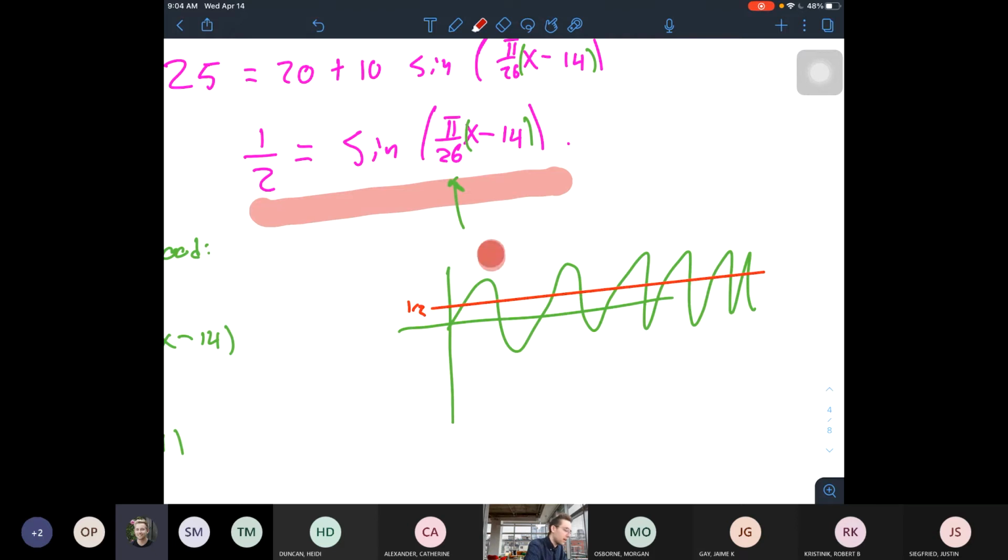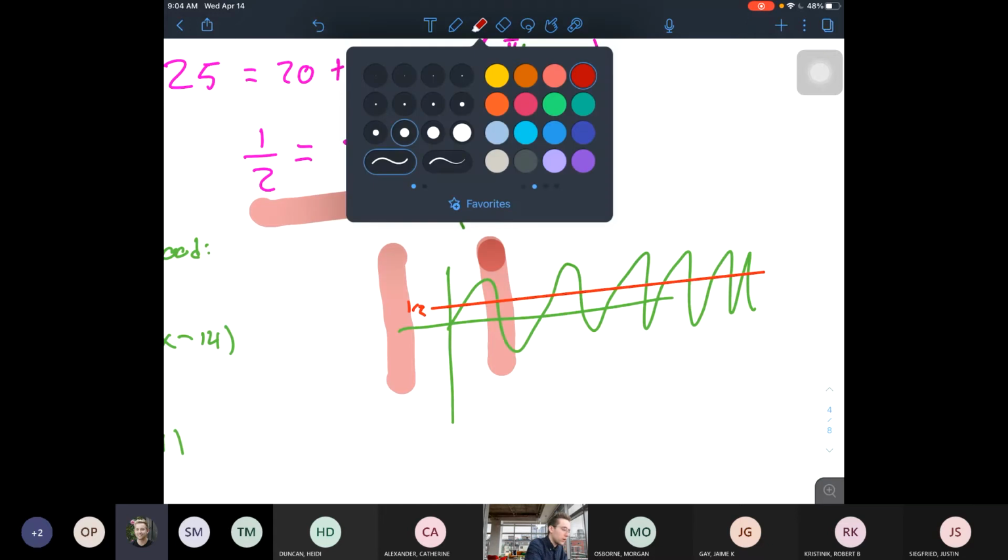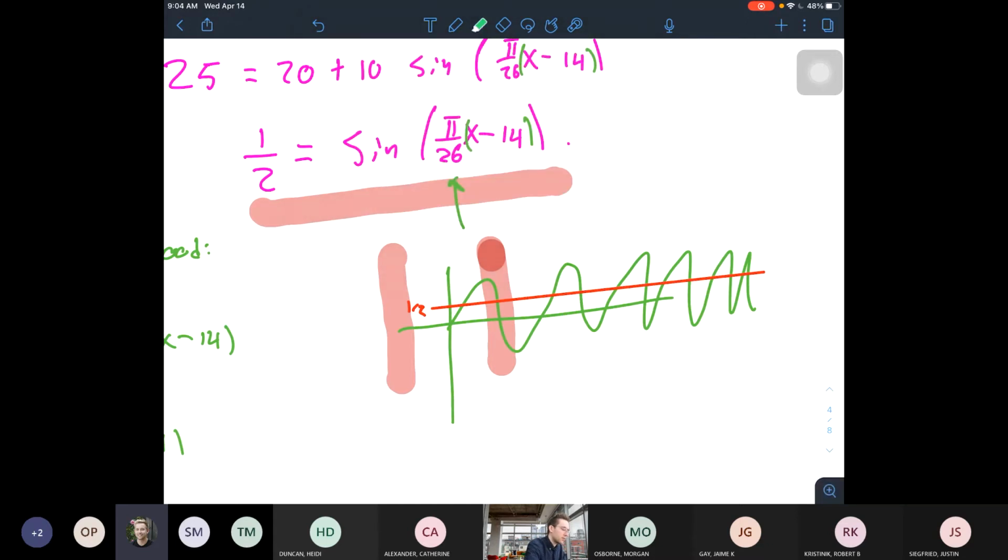solutions which are within a very small window. And we don't necessarily know yet how long the window of one year is. It turns out that the window of one year goes from here to over here, and there will be more than one solution.